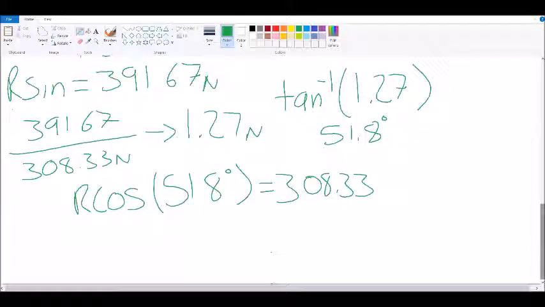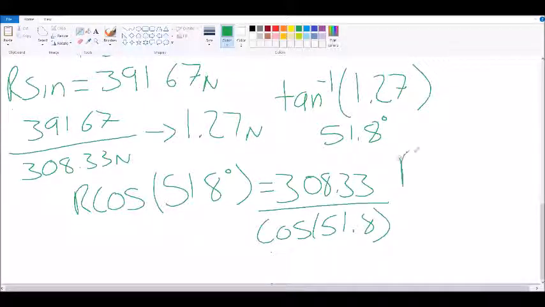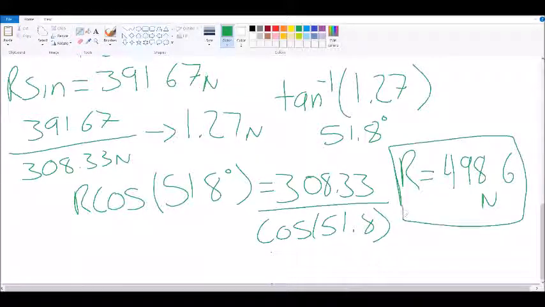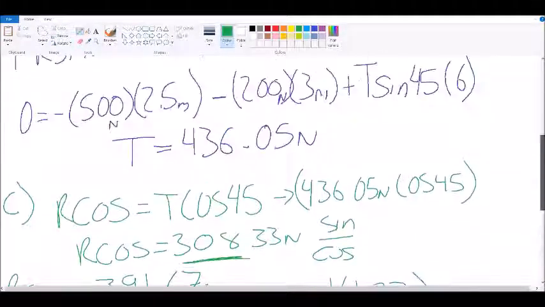We're going to multiply, and once you divide this by the cosine of 51.8, you should get R to equal 498.6 newtons.